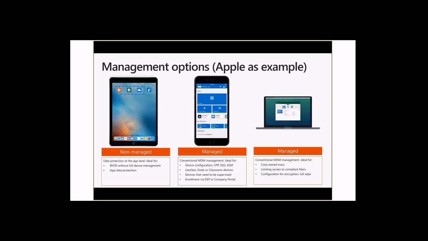So the phone itself is fully managed. Or in the case of a Mac on the far right, there can be corporate-owned Macs, or using integration with one of our partners, we also have the ability to use conditional access to prevent applications on a Mac from accessing data that is outside of their scope of control.